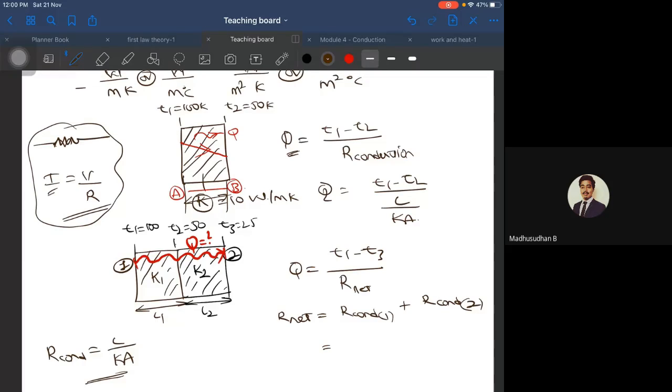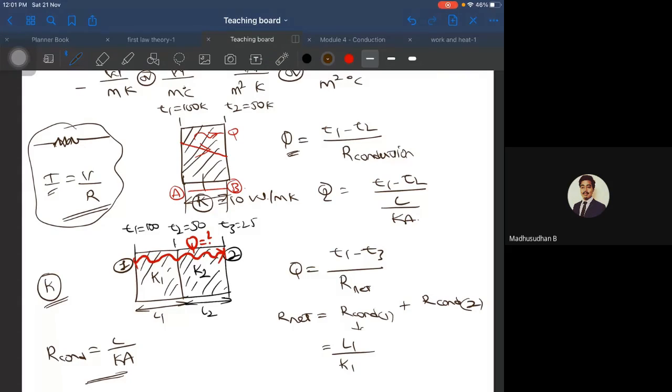Applying it to the first slab, it is the length of the first slab, L1, divided by K1 into A. What is K? Thermal conductivity.